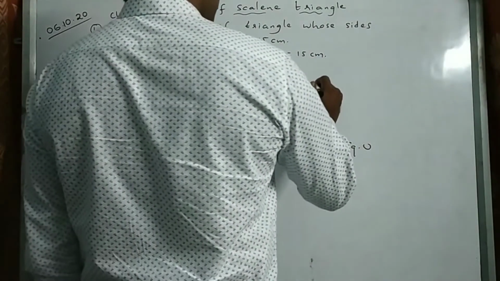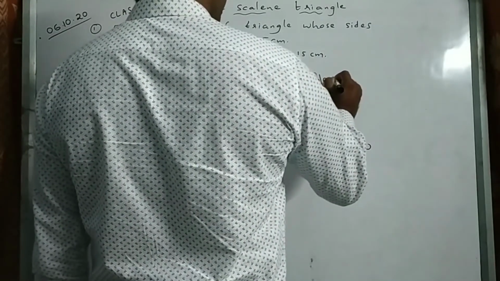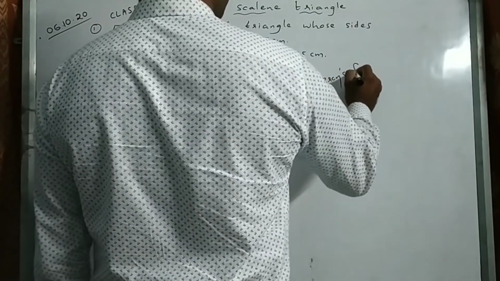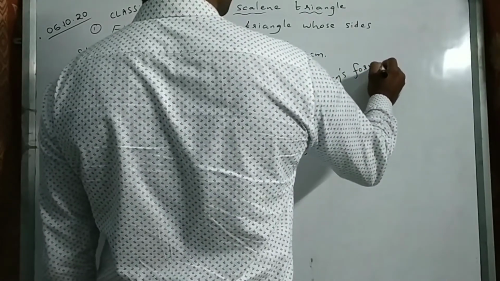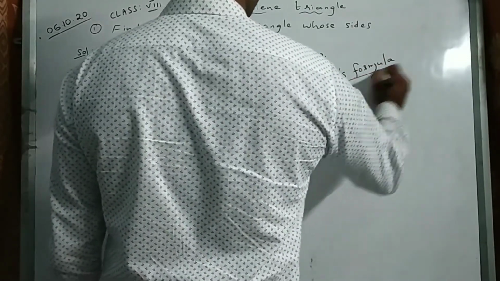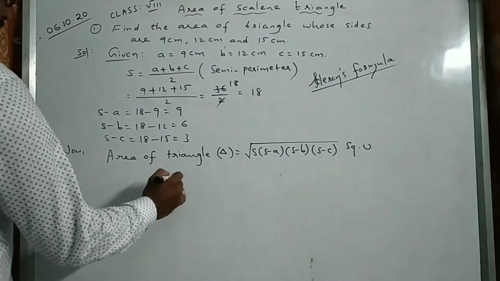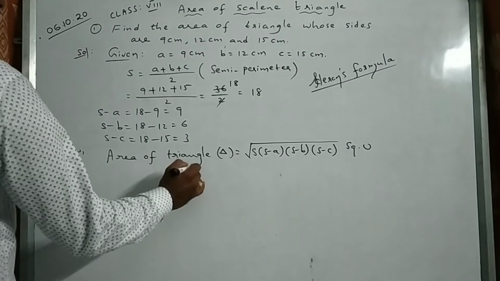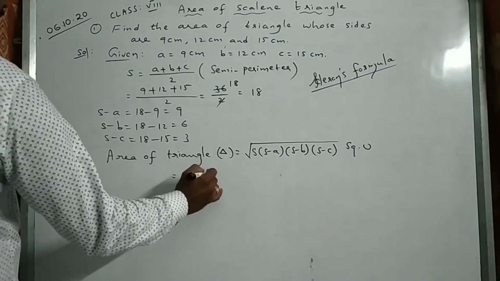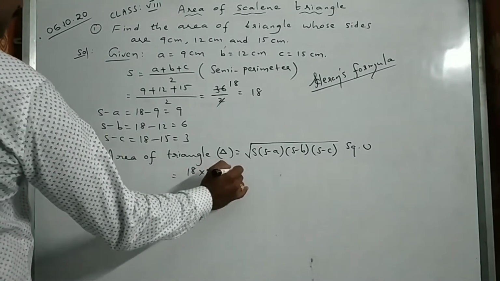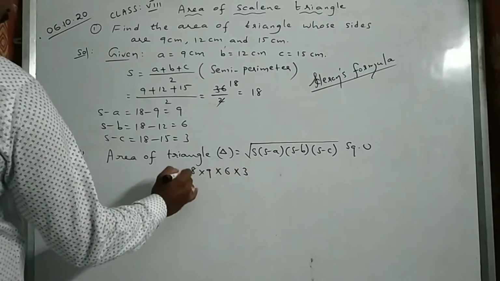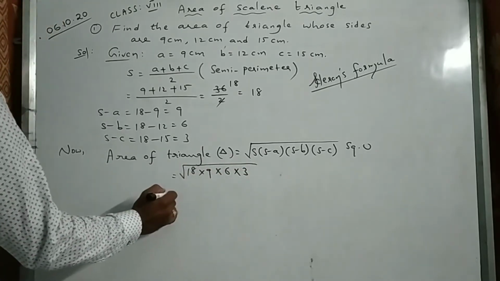What do you call this formula? I told you already. Heron's formula. So we can put values here. S value 18 into 9 into 6 into 3 under root.